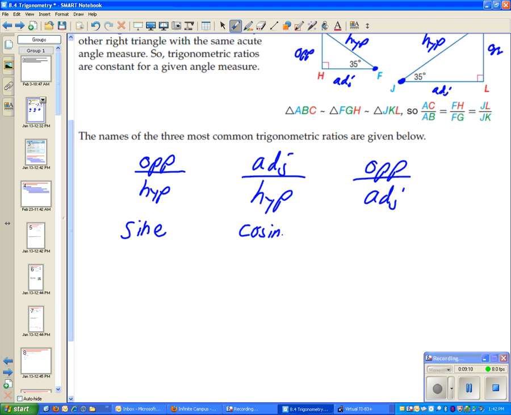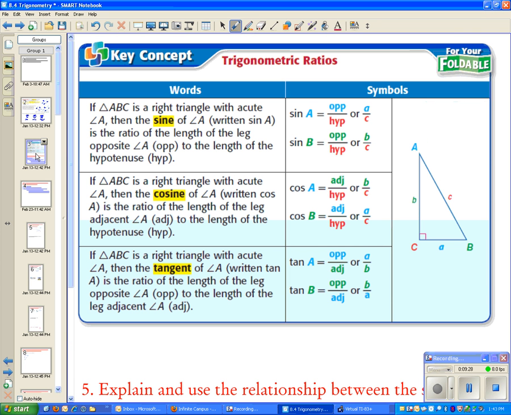This one is called cosine. And this one is called tangent. Now, you don't even have to write that down yet. I'm going to tell you when you have to write it down. You can if you want, but you don't have to. The book does a pretty nice job of charting this for us here on page 562. They put way too many words in, but that's okay.